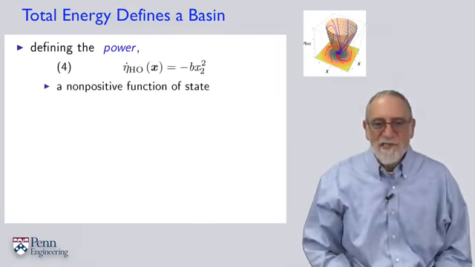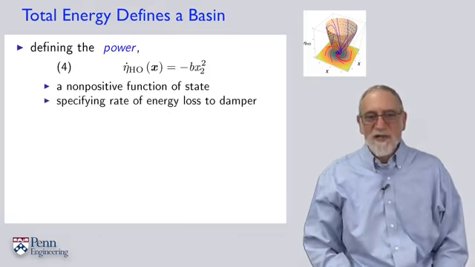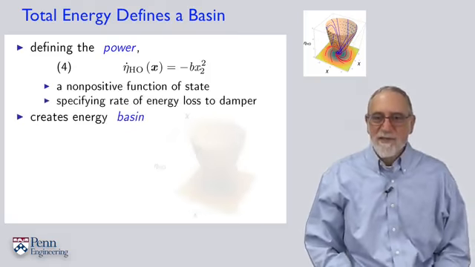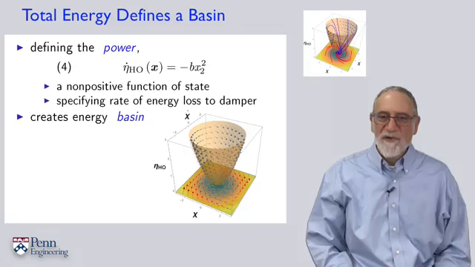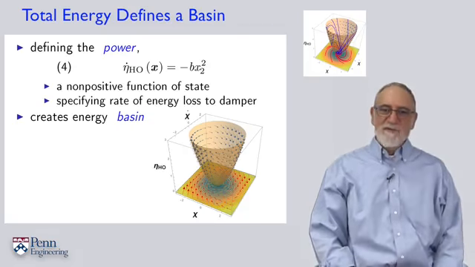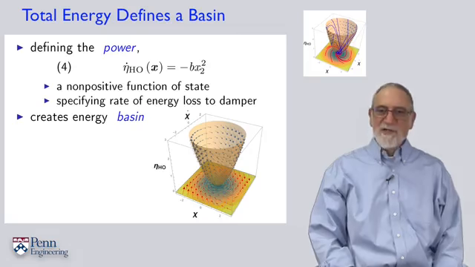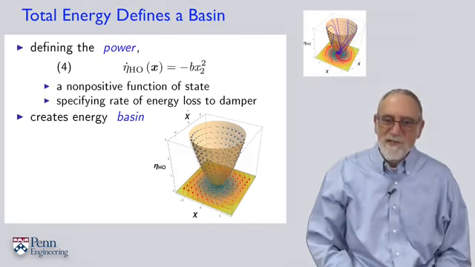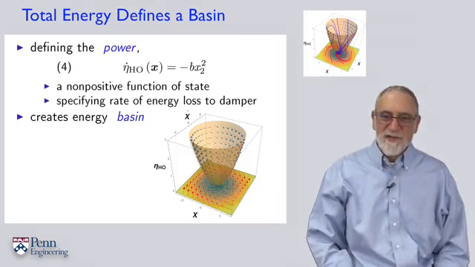This non-positive function of space specifies the rate of energy lost to the damper, and it creates the energy basin that we're drawing on the top figure originally with blue shadows of the phase plane, those red curves. And when we take the shadows away, we just look at the field vectors interacting with the surface of the energy, and we see we don't even need to solve the differential equation to understand that energy must be decreasing.